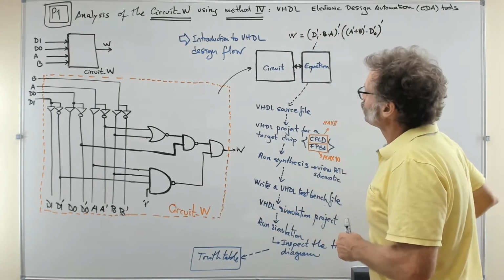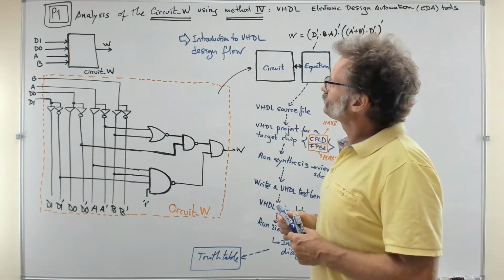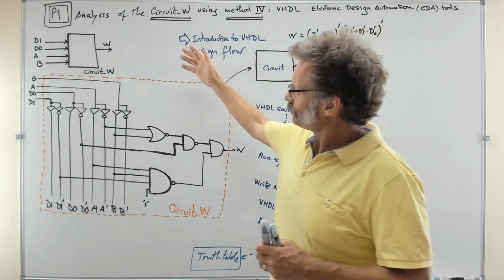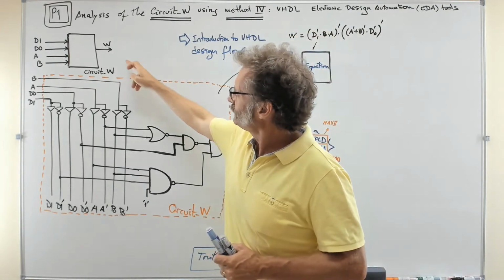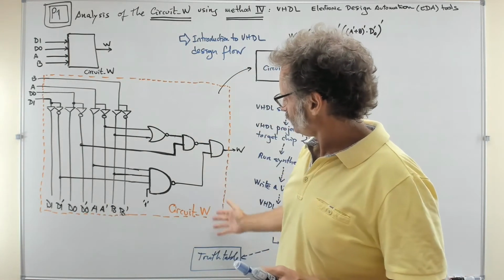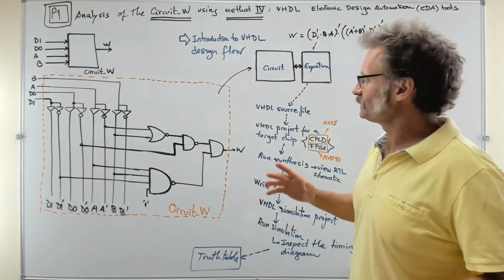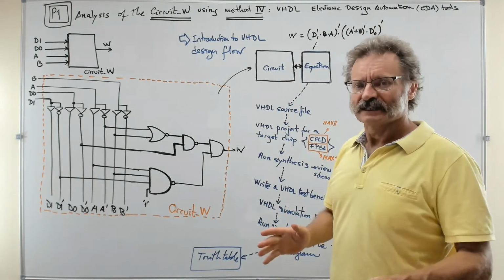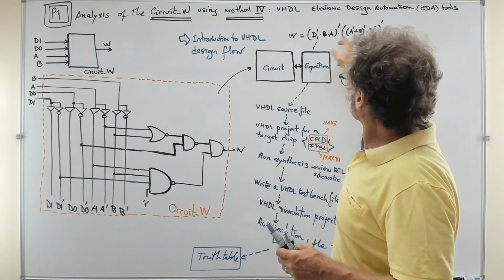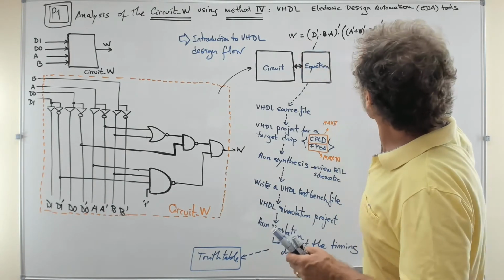the utilization of VHDL tools. So yet again, we have the entity and the internal architecture as usual. The point is that this circuit is going to be transferred to the equation W that you now know by heart.